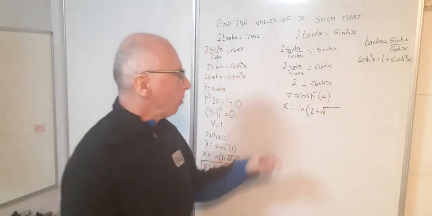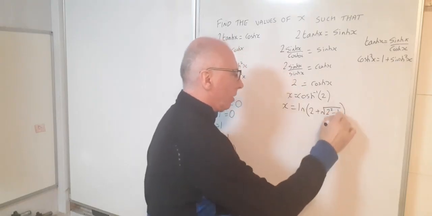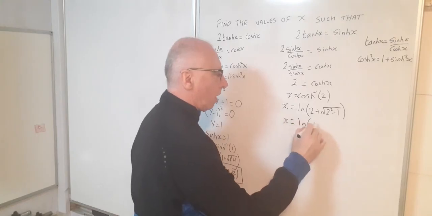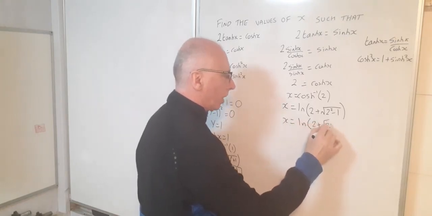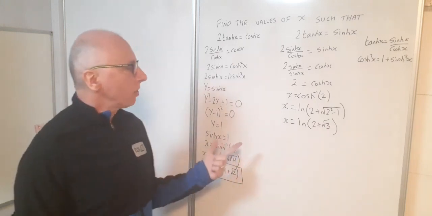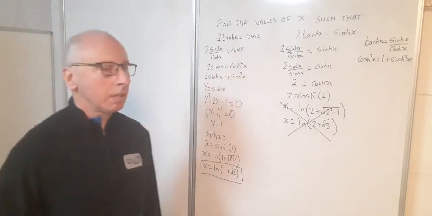This time I use that one squared and then subtract 1. So then x equals natural log of 2 plus root 3. And that is the wrong answer. That does not work. We cannot do that. So don't be tempted by that.